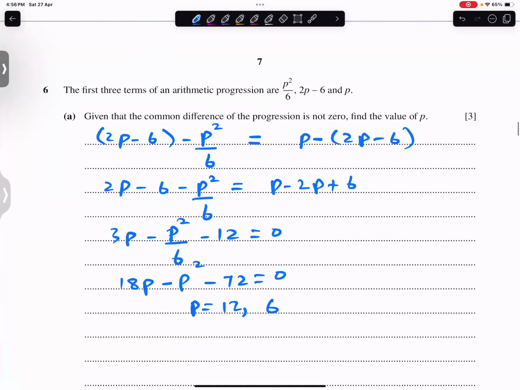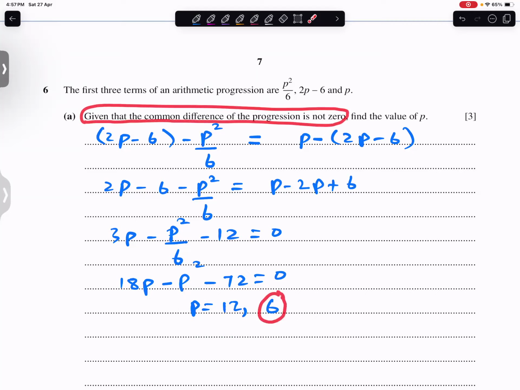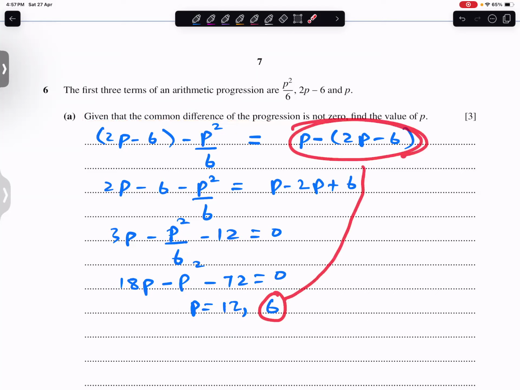So students, we have two values of p. It seems that both are correct, but it's not so. If you look at this, given that the common difference of the progression is not 0, let's try the value p equal to 6 in this common difference.